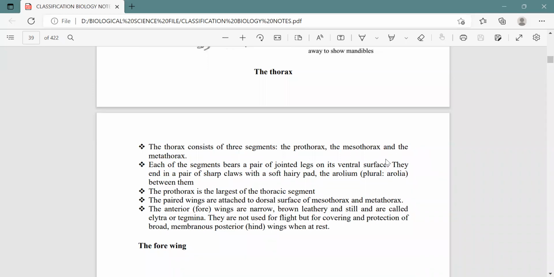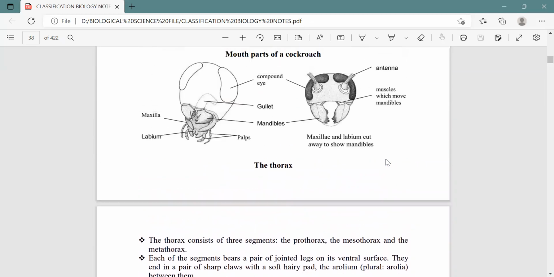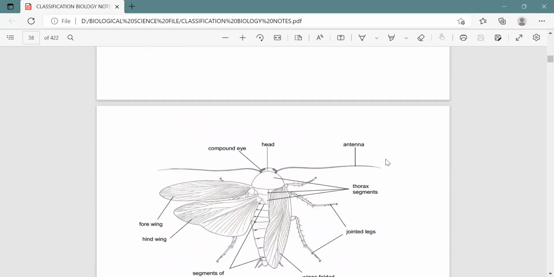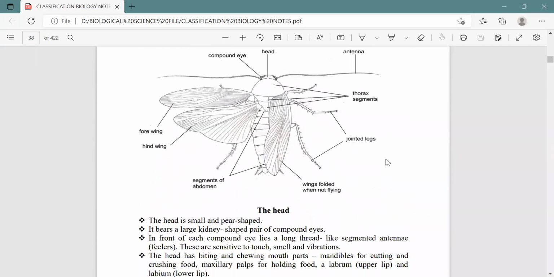But you will also see, as you can see in that diagram, that the two pairs of wings also originate from the thorax, the fore wing and the hind wing.